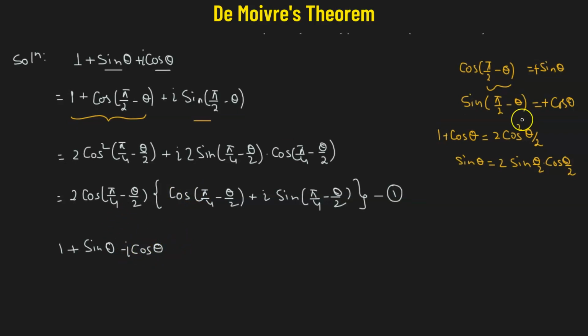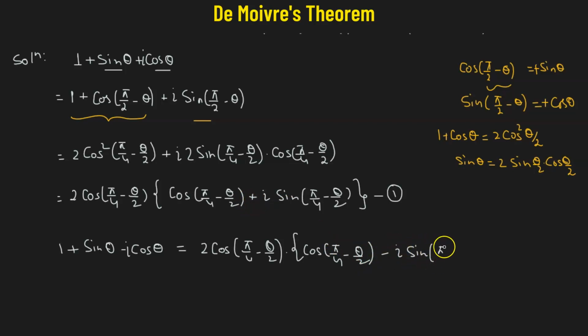We can apply the same property here, and this is going to give us 2 times cosine of pi over 4 minus theta over 2 multiplied by cosine of pi over 4 minus theta over 2 minus iota times sine of pi over 4 minus theta over 2. Earlier we had plus, now we have a negative. We'll label this as number 2.